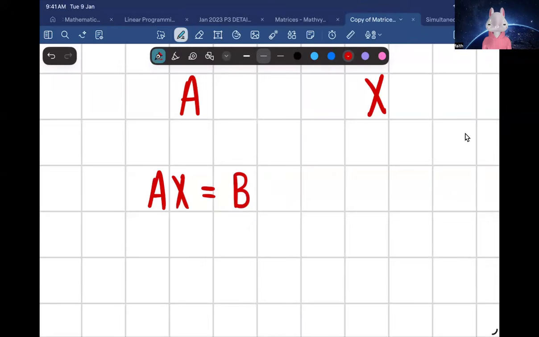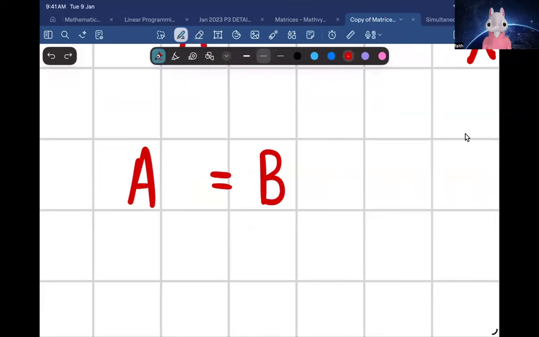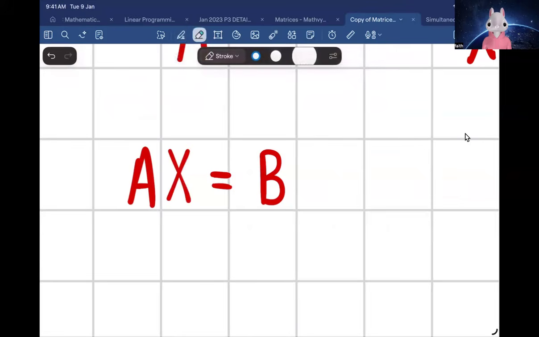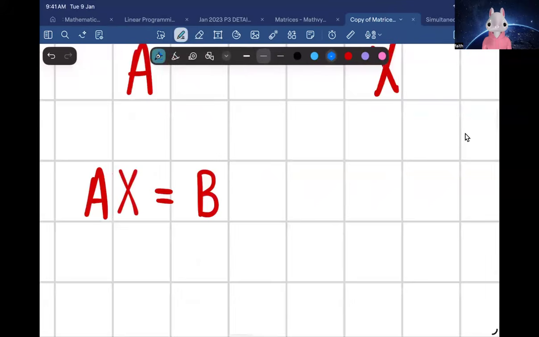X. I want to find X. Great. Now, what is X currently being multiplied by? A. In the world of matrices, what is the opposite of A?